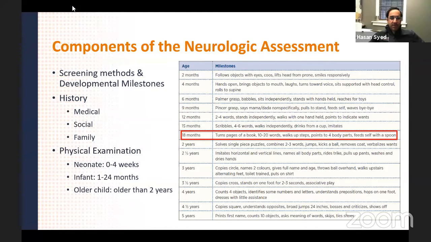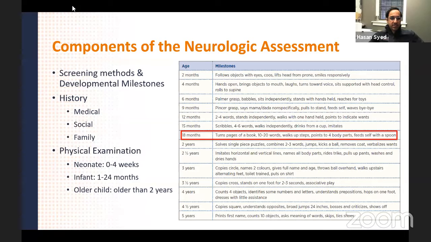And then by 18 months, they're usually up and walking as well. Again, this is all dependent on the gestational age. But in keeping with the assessment, you focus on the history in terms of the delivery, any issues in pregnancy, medical, social, and family history relevant to the chief complaint. And then the physical examination can also be tailored based on the age of the child.